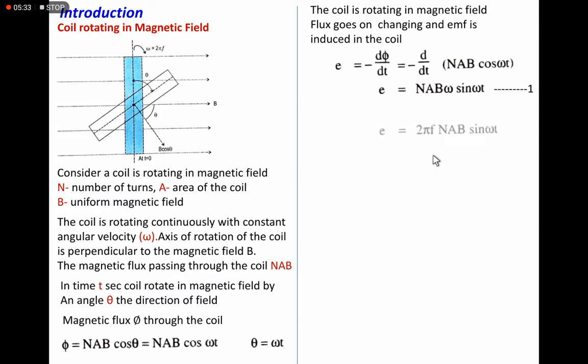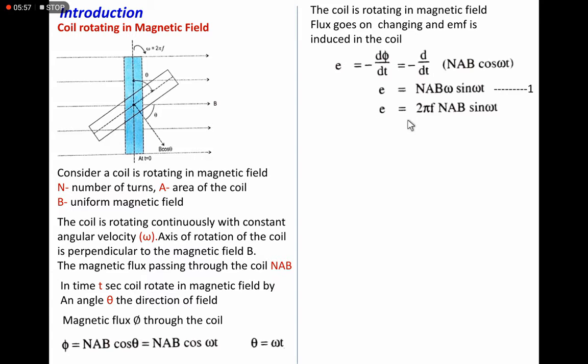This is equation 1. Now omega is 2 pi f, where f is the frequency of the rotation of the coil in the magnetic field. So we'll write 2 pi f NAB, and even sine of 2 pi f t.